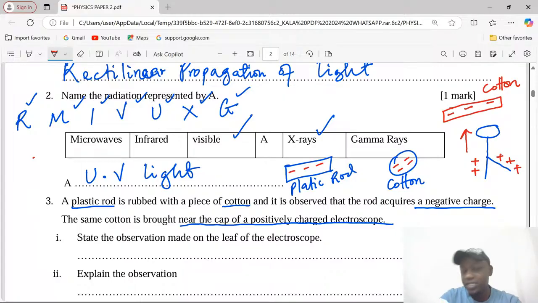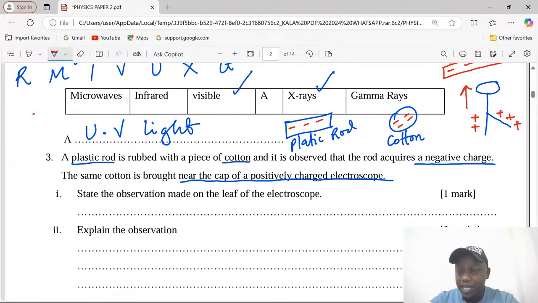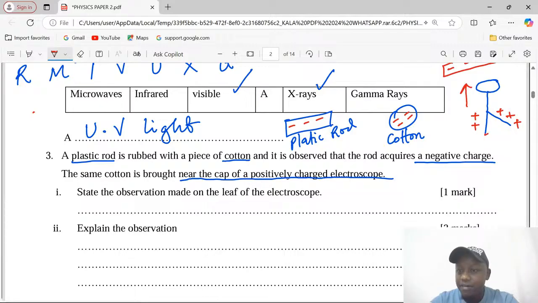At the leaf and the plate, this one is called the plate and this one is the golden leaf, positive charges will be minimized. And when they are minimized, the repulsion which was existing reduces. And hence, the observation that we will make is decrease in divergence.